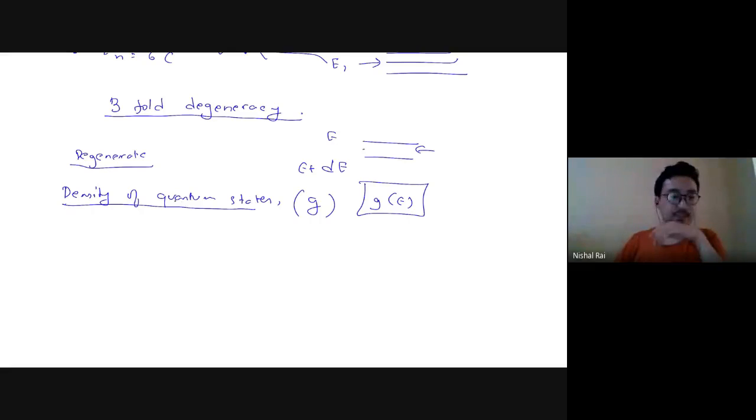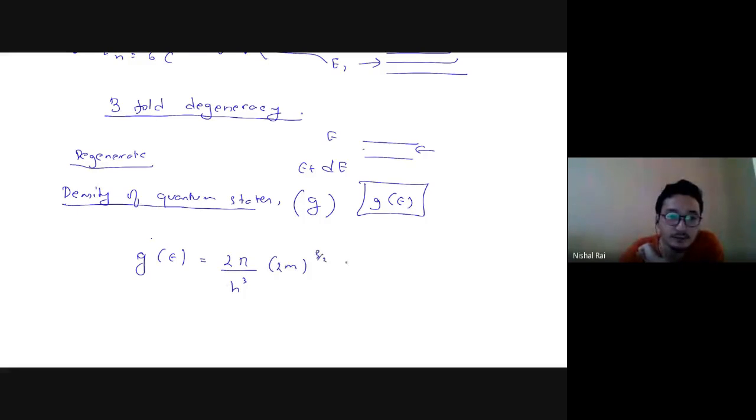Now, as you have already seen, this is exactly similar to the total number of microstates, if you remember. So Z(E) we can basically write as 2m by h cube, instead of h naught, to the power 3 by 2, E to the power half times dE.